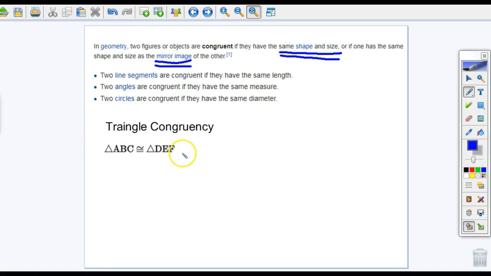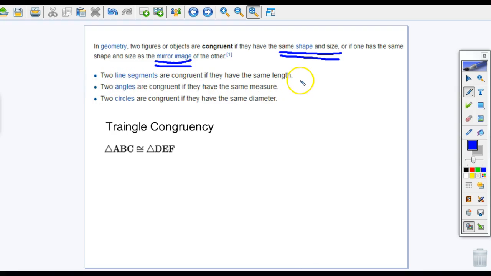This triangle congruency statement is what makes it true. Sometimes looks may be deceiving. Just understand that.